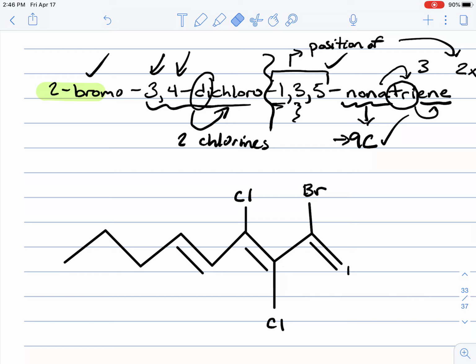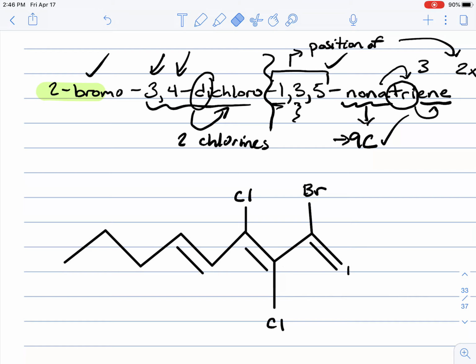All right, so hopefully by going through these 3 examples, let me go ahead and erase these numbers here just so they're a little bit clean. Okay. So if you guys are looking through what we did, hopefully you guys understand how to break down the name and be able to draw the skeletal structure from it.